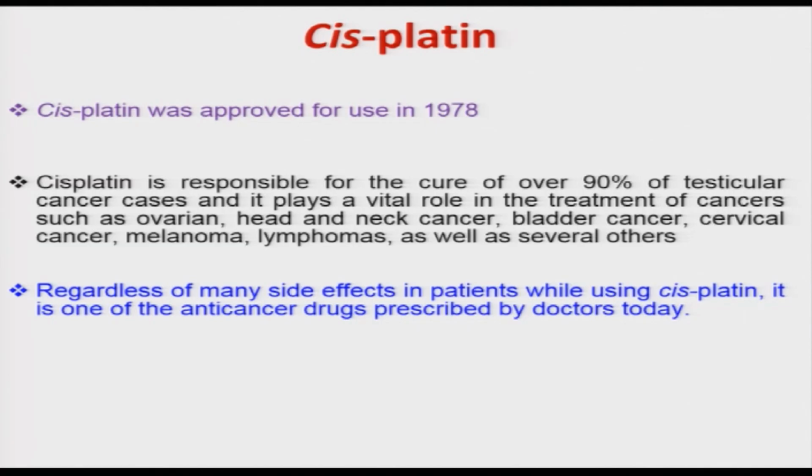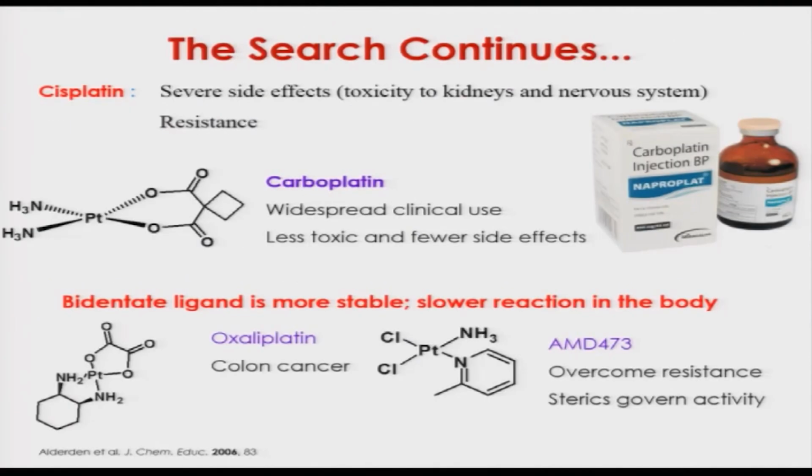Regardless of many side effects in patients, it is one of the most prescribed anti-cancer drugs till today by doctors. The problem with cisplatin is it has severe side effects, toxicity to the kidney and nervous system, and also resistance.